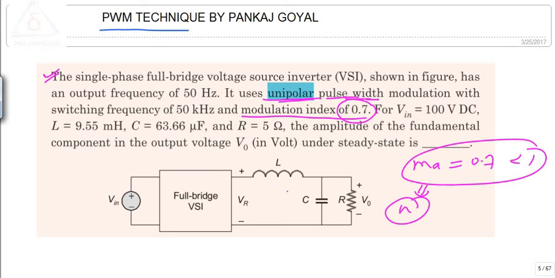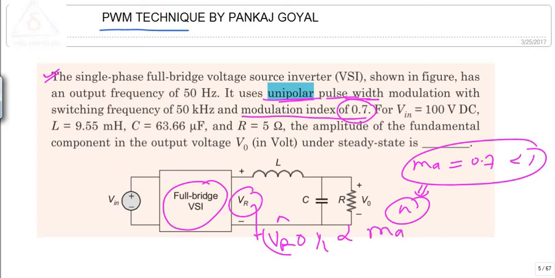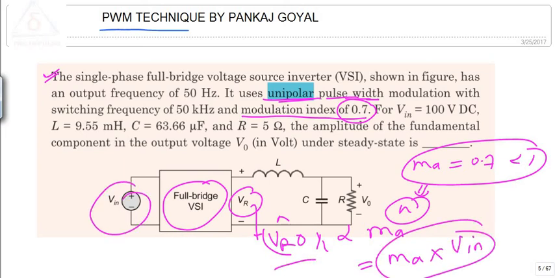Under this condition, the output of this full bridge VSI has a fundamental peak proportional to MA, equal to MA into this DC voltage. The peak fundamental frequency component of this output voltage will be equal to MA into V in.